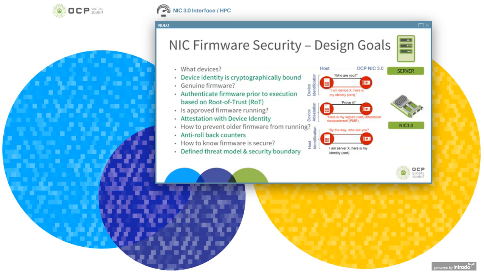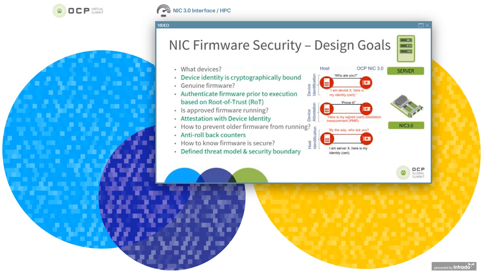The approved firmware is done through the attestation flow that we discussed. How do I prevent older firmware or firmware that may have vulnerabilities in it from running? Typically, anti-rollback counters are used so that you roll those forward and then older firmware cannot run. And then finally, what is secure?